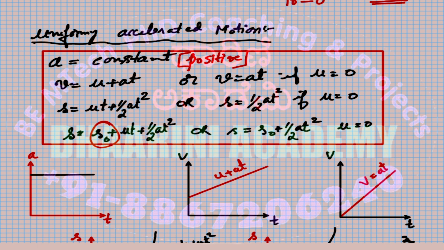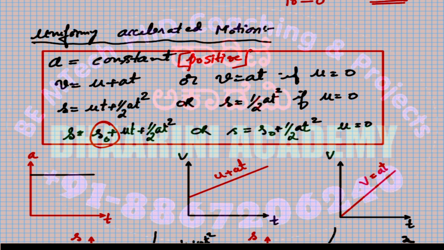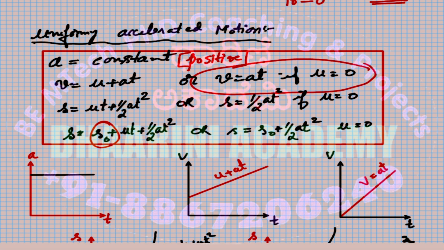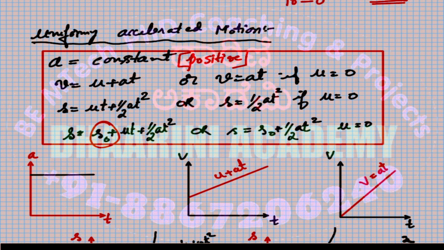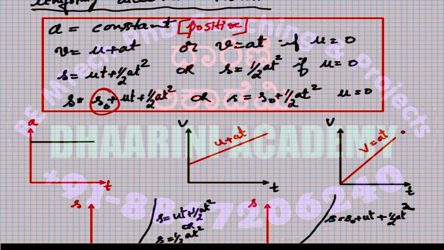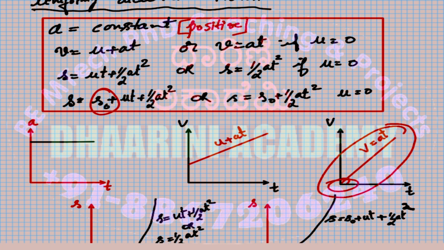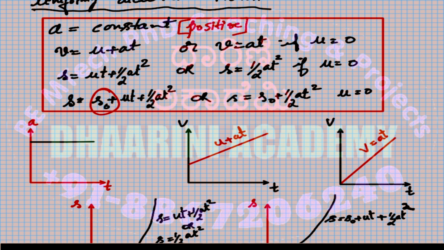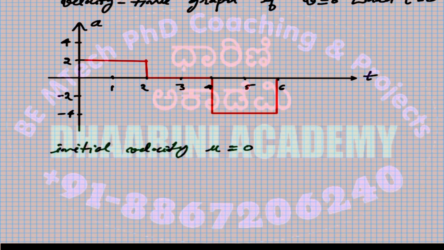If u is 0, velocity is equal to at. So I'm supposed to draw this kind of graph. Initially there is no velocity, and velocity increases with time as per this equation. So let's do the calculation and then we'll draw the graph at a later stage.